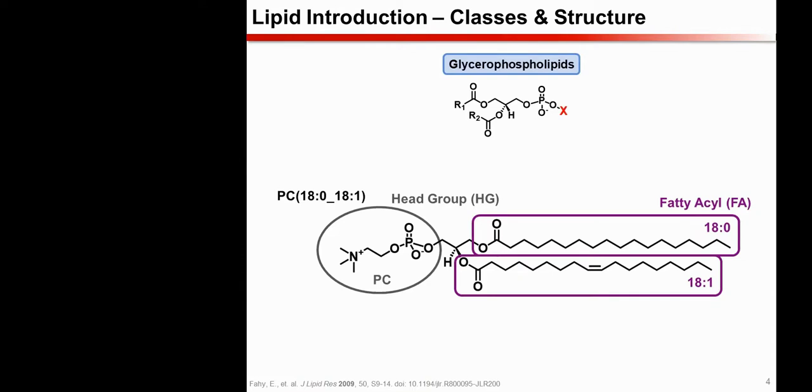And so here we have a lipid that we would denote PC 18:0_18:1, where PC is going to refer to that phosphatidylcholine polar head group. And then 18:0 and 18:1 refer to the 2 nonpolar carbon chains, one of which has 18 carbons and no double bonds, and the other one has 18 carbons and 1 double bond or 1 degree of unsaturation.